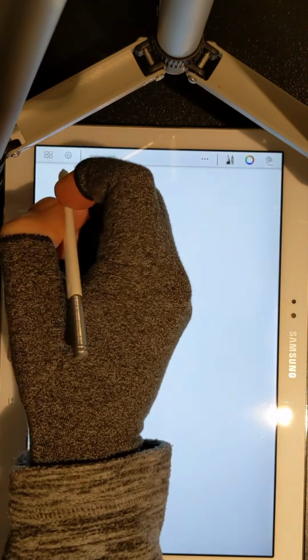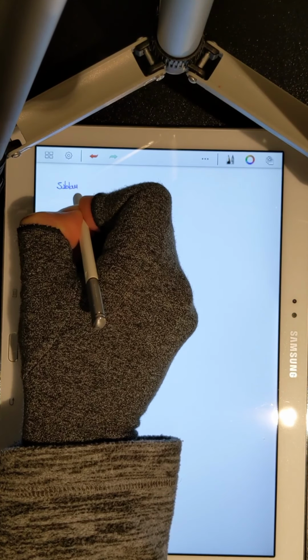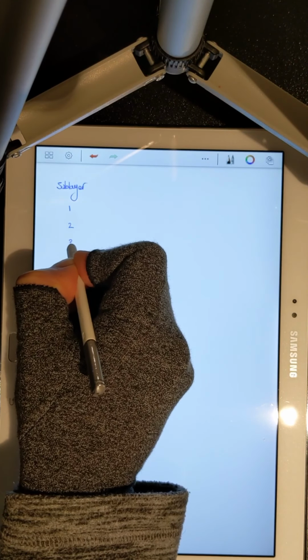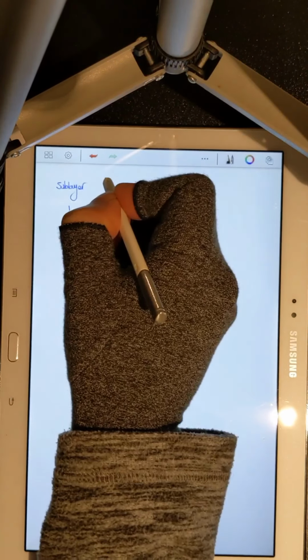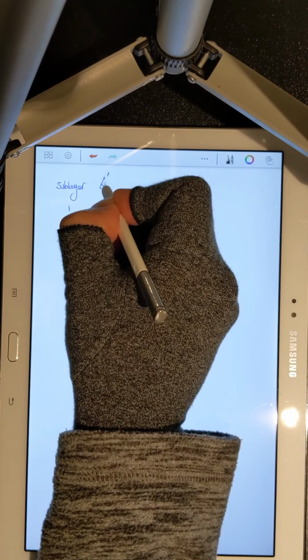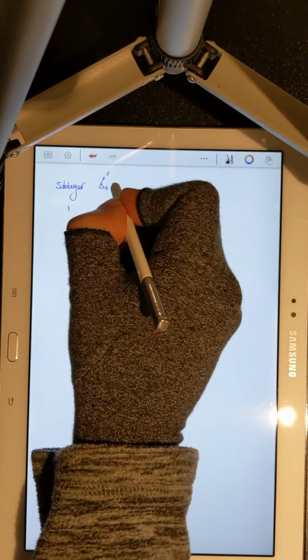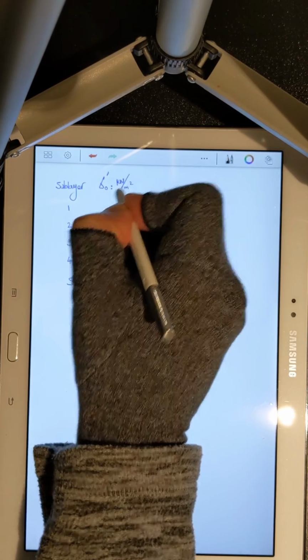So let's do a summary table. I have a number of sublayers. Sublayer 1, 2, 3, 4, and 5. I managed to calculate the initial effective stress at the center of each sublayer in kilonewton over meter square.